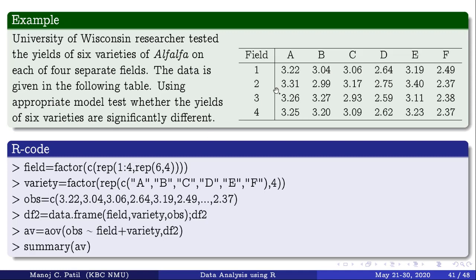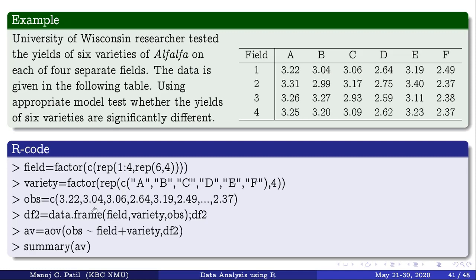For variety, we have A B C D E F, this sequence repeated 4 times, so we just put times equal to 4 here. It will work. Now we have field equal to and variety equal to, and we have observations.